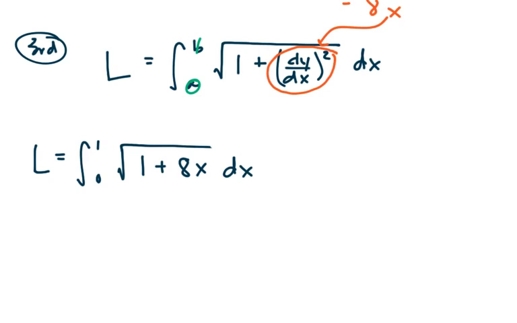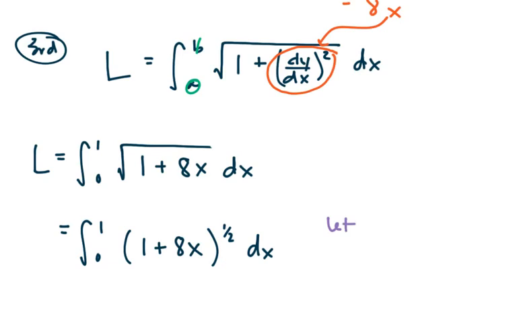So I'll go ahead and rewrite this 0 to 1 as 1 plus 8x to the 1/2 power. In this situation, we can let u equal what's inside the parentheses, 1 plus 8x.